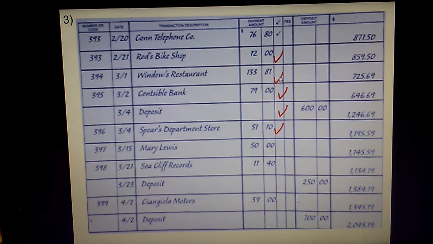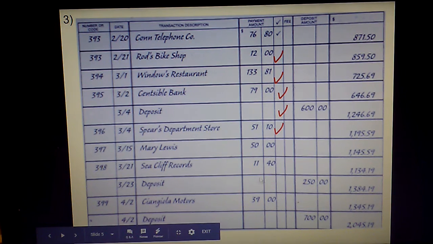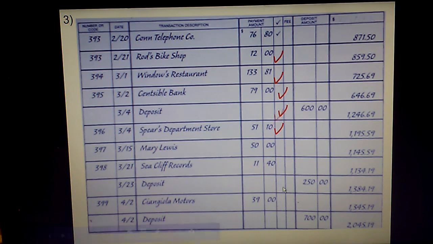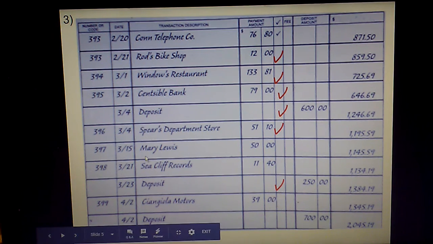Back to the statement, got a deposit for $250. So here on March 23rd, I see a deposit for $250, gets a check mark. Last thing on my statement is a withdrawal, check number 398 for $11.40. So check 398, $11.40, gets a check mark.